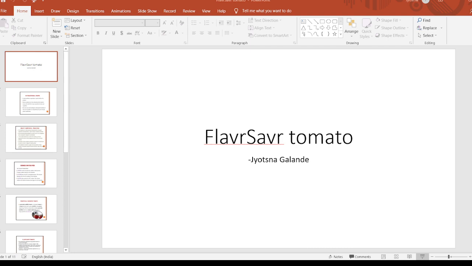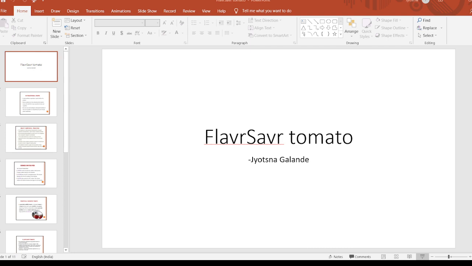As I told you, there are many methods used to increase the shelf life of agricultural products, mainly for fruits and vegetables. For grains there is no such requirement. So the techniques are used to delay the ripening process of fruits and vegetables through genetic engineering.